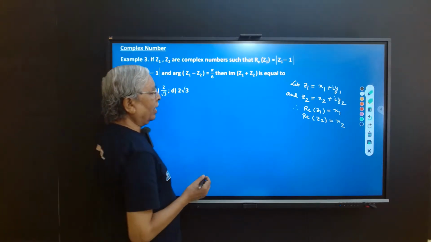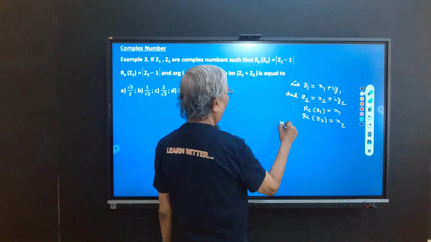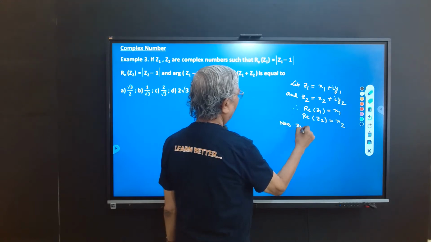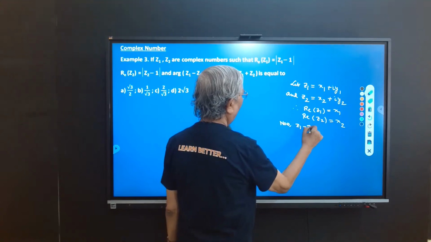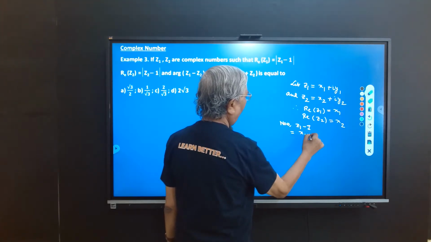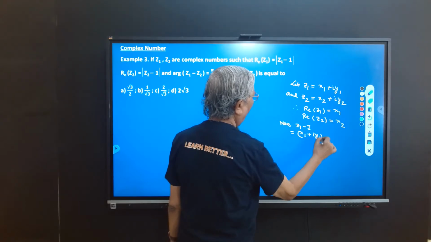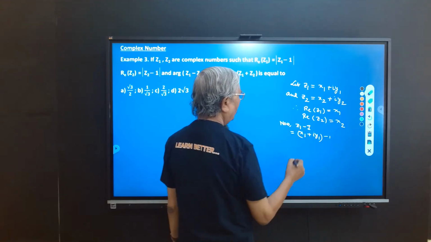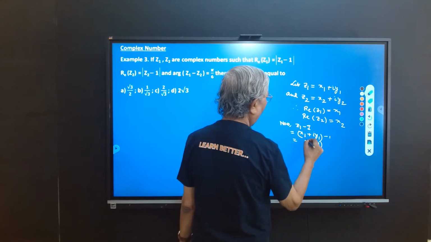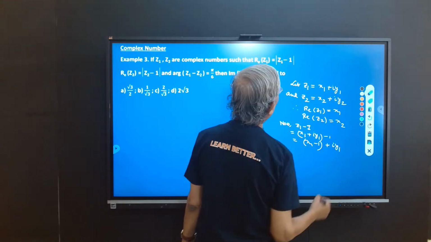And what is the complex number z1 minus 1? z1 minus 1 is x1 plus iy1 minus 1, which is x1 minus 1 plus iy1.